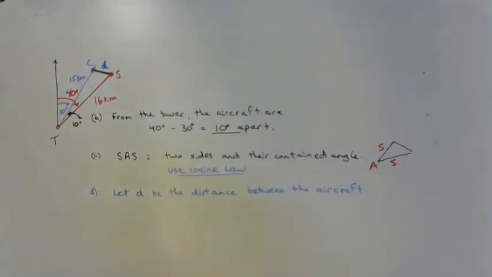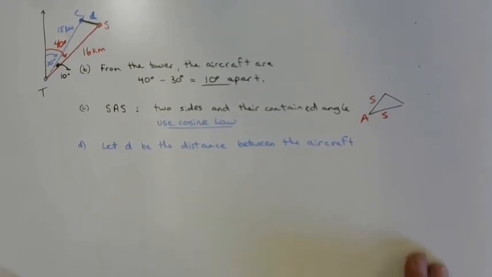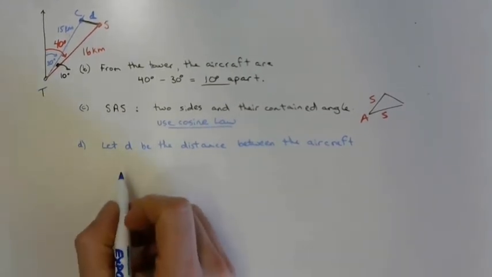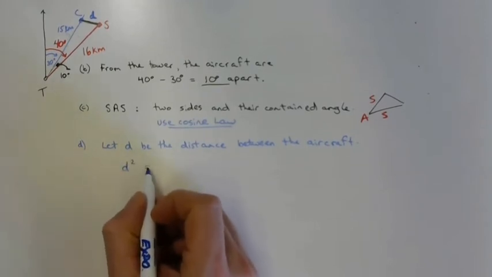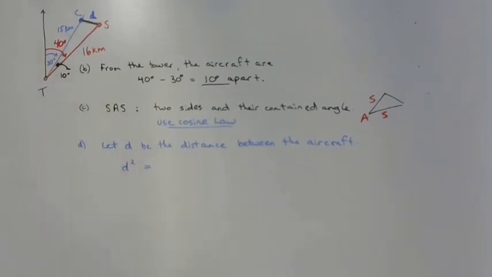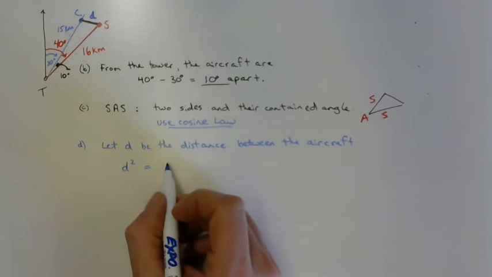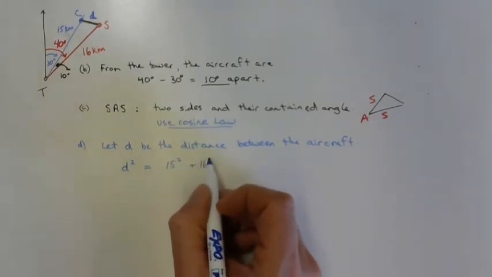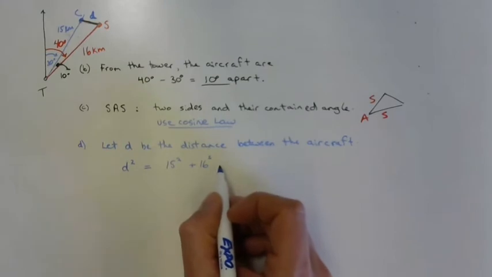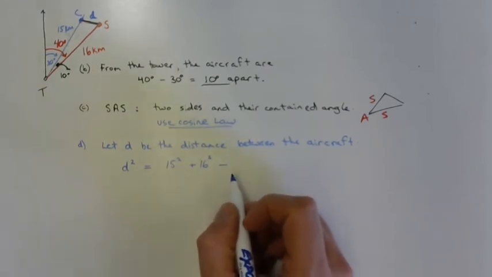And we're using cosine law, and I'm solving for a length. So I'm going to use cosine law that leaves a length squared on the left side. Then I simply have my other 2 side lengths, the sum of the squares of those side lengths. So 16 squared plus 15 squared, or the other way around, doesn't matter.